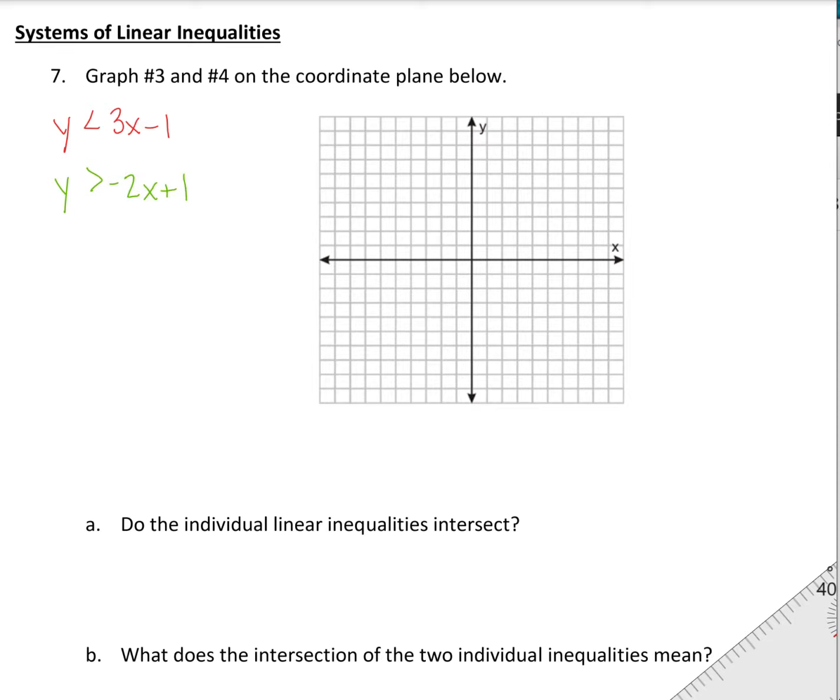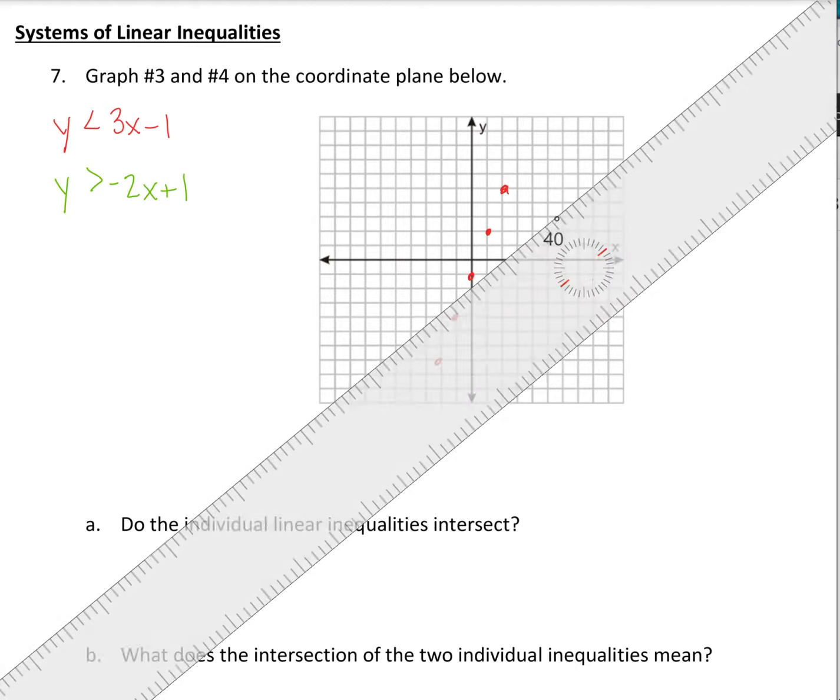Okay, so now we're going to take everything that we did and combine it into one. I'm doing mine in separate colors just so that you can follow along. So we start at -1, we went up 3 over 1, and we also went down 3 over 1.